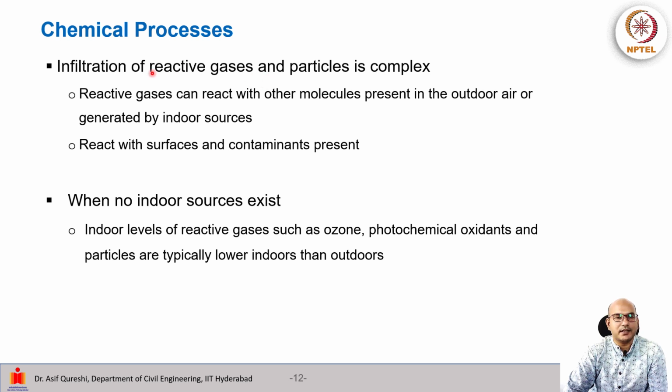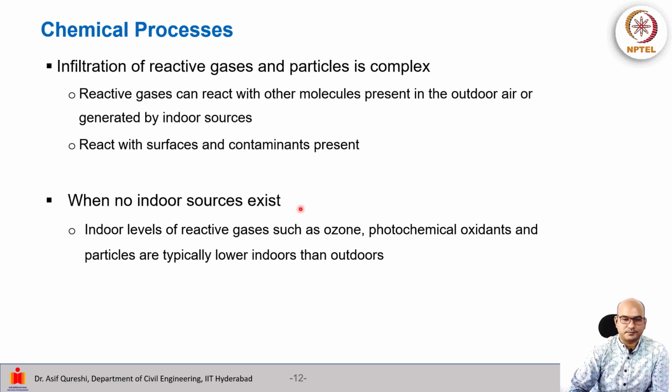It has been found that the infiltration of reactive gases and particles is a bit complex. Reactive gases can react with other molecules present in outdoor air or that are generated by indoor sources. They can also react with surfaces and contaminants present. So when no indoor source exists, indoor levels of reactive gases, and some examples are ozone, and then could be hydroxyl radical, photochemical oxidants and particles, are typically lower indoors than outdoors.